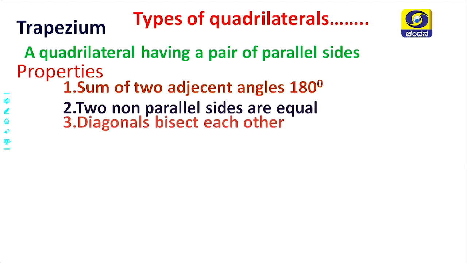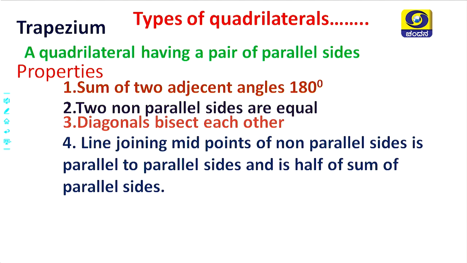The third property, diagonals always bisect each other. The fourth property, line joining midpoints of non-parallel sides is parallel to parallel sides and is half of sum of parallel sides. So, let us understand the fourth property here.